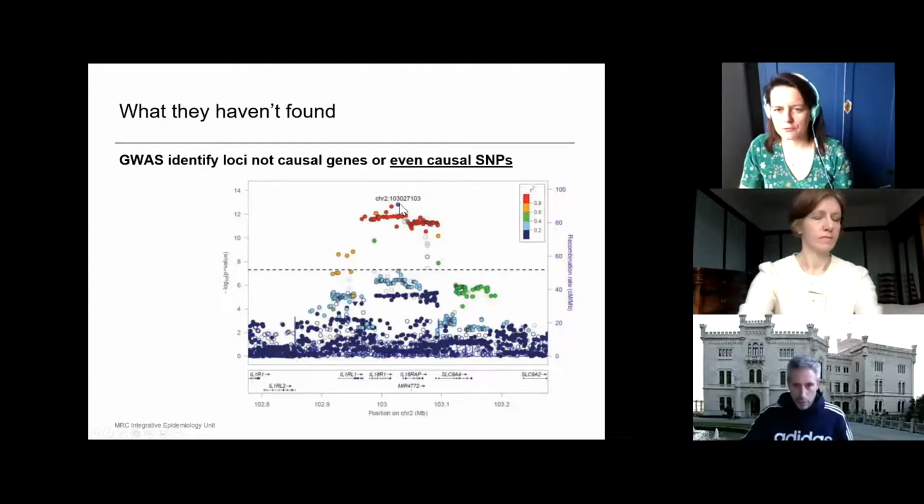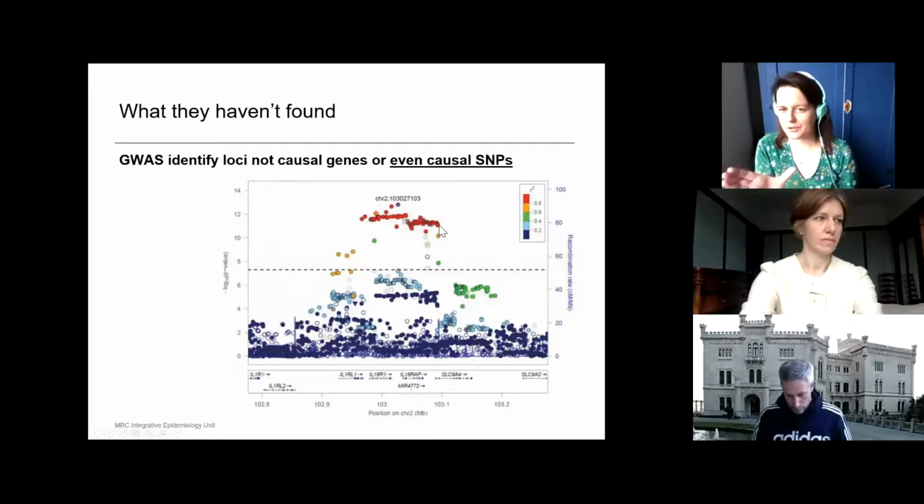You can see that rather than there being one single SNP that's associated, there's a whole bunch of SNPs that show similar strong evidence for association. The key here is telling us that lots of these are highly correlated SNPs, SNPs that are in linkage disequilibrium. So they're likely to be on the same haplotype block and often inherited all together.